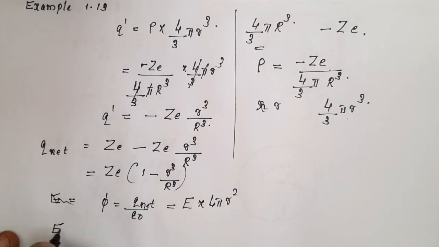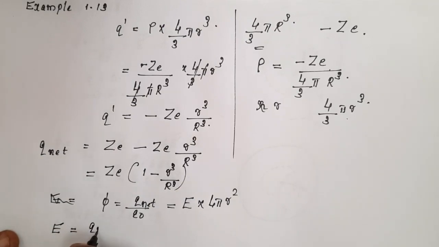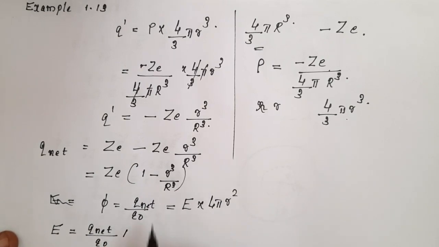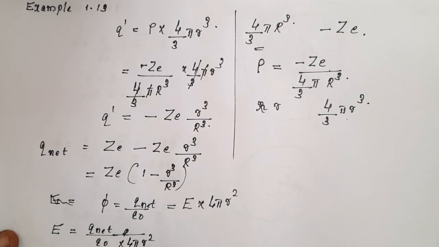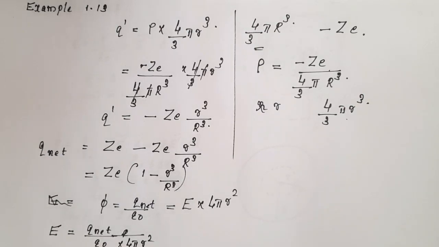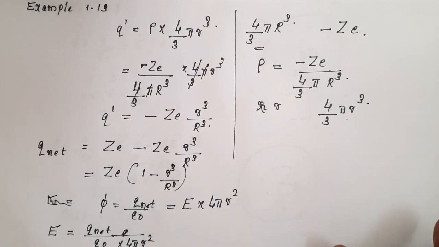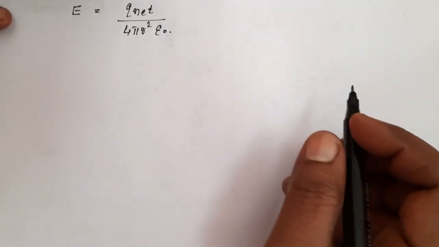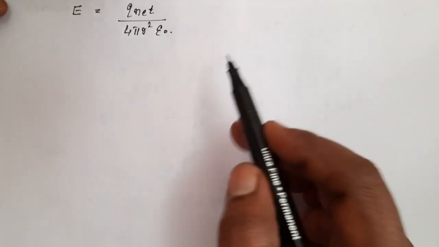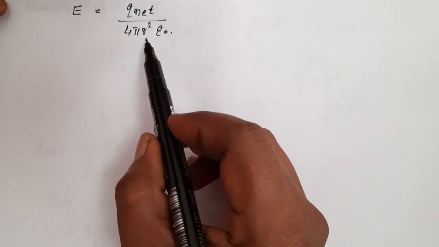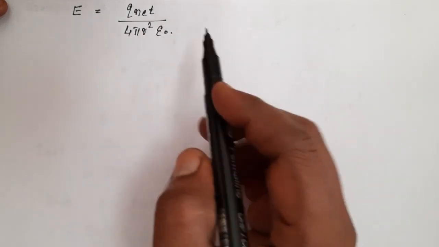So E becomes Q net by epsilon 0 divided by 4 pi r square. So Q net by 4 pi r square epsilon 0 is the expression for the electric field inside the atom.